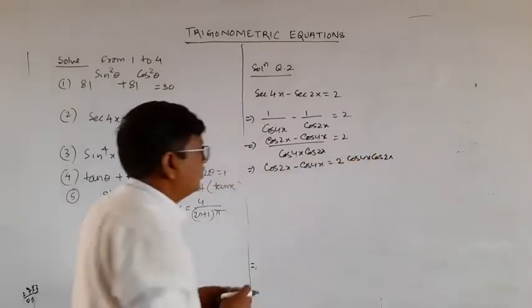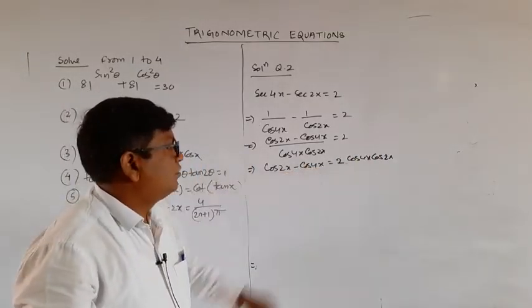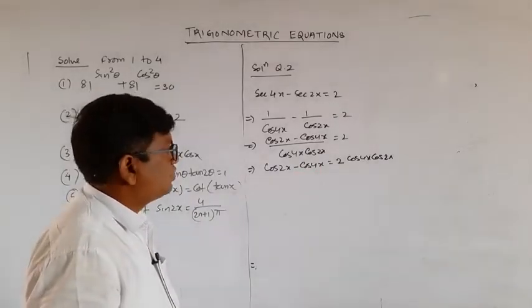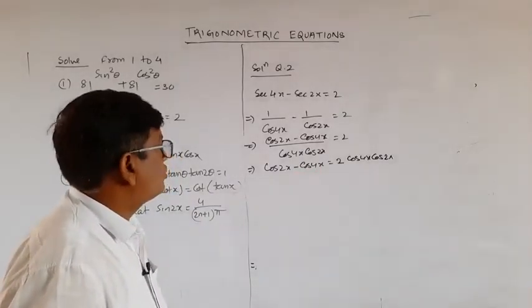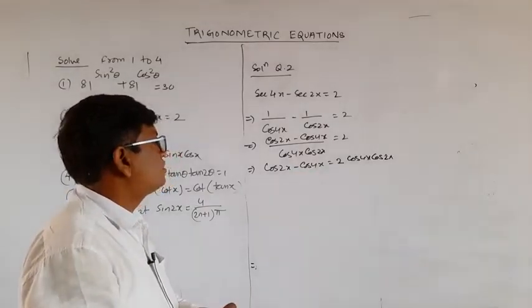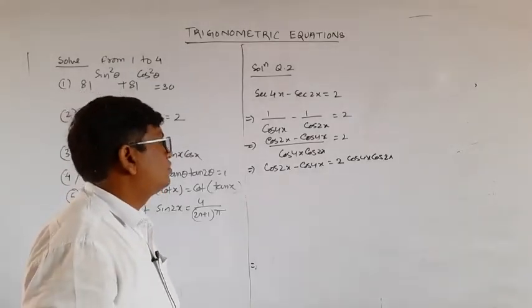Now we use the 2 cos A cos B formula: 2 cos A cos B means cos of A plus B plus cos of A minus B. So cos of A plus B is cos 6x, and cos of A minus B is cos 2x.